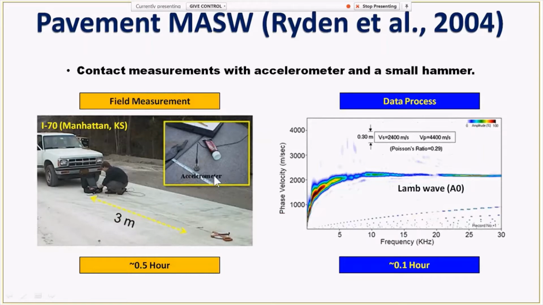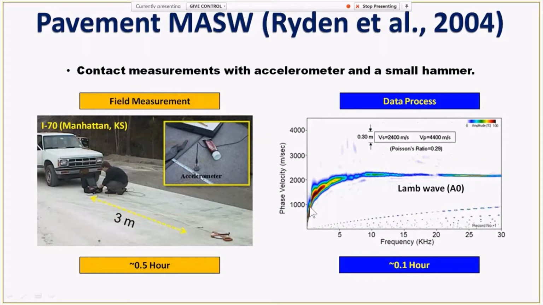So he had to use a very special device as a receiver, which is called the accelerometer, as shown here. And this is a very sensitive device, and you have to put coupling material. At that time, he used grease on the bottom of this accelerometer to ensure good coupling between the accelerometer and the pavement surface. Otherwise, the accelerometer cannot record the very high frequencies.